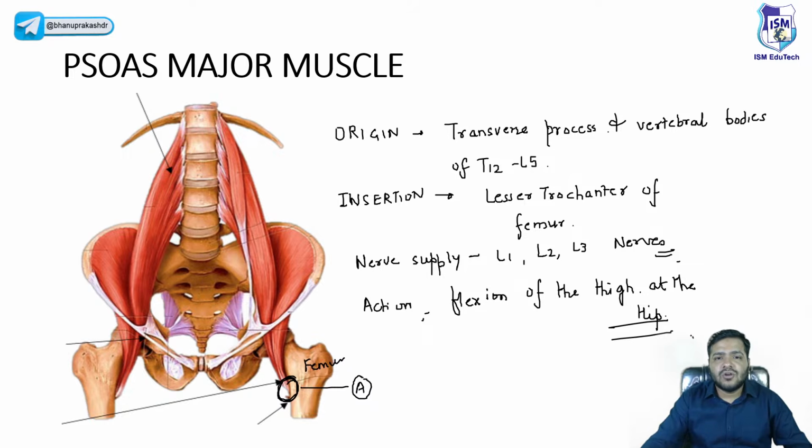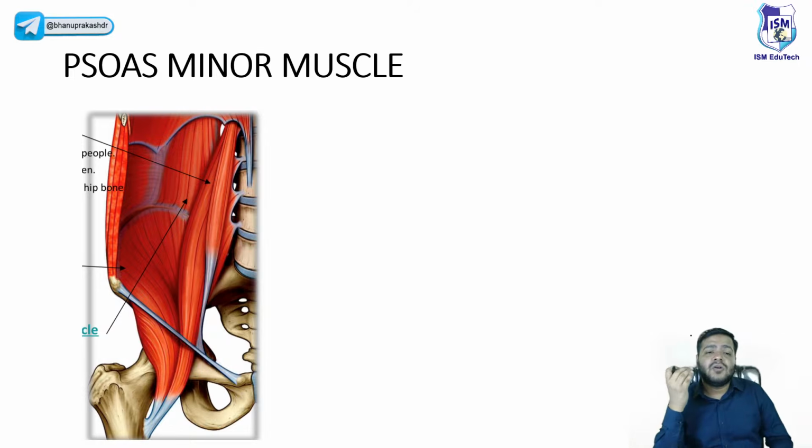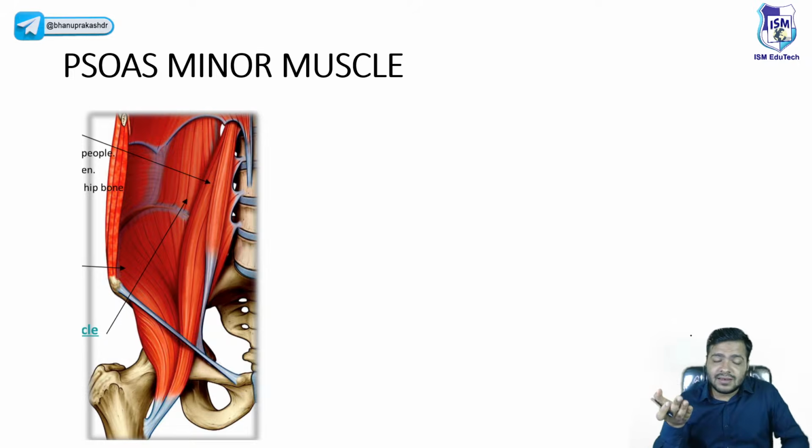Apart from that, coming to the next muscle, the psoas minor muscle. It is said that the psoas minor is only present in 60% of the population, and it is located somewhat anterior to the psoas major.